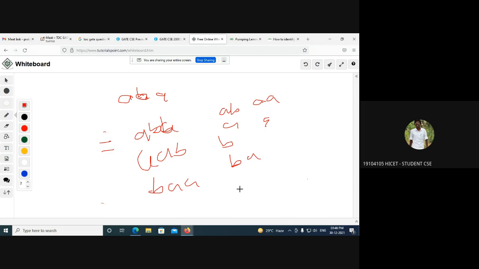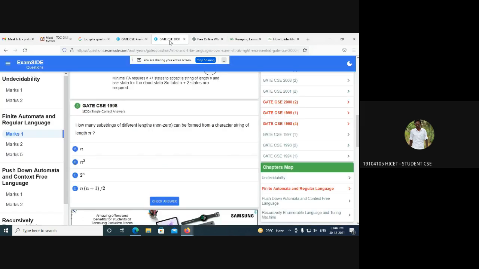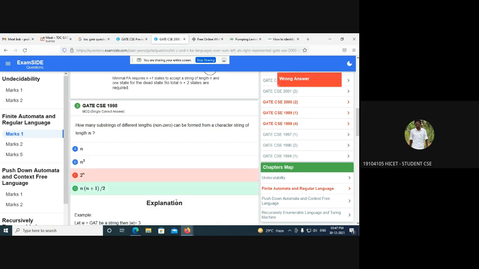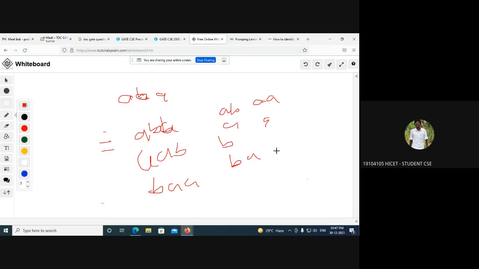A, B, A, B, B, A, B, A, B. What is the answer? n into n plus 1 by 2. Is it correct? 3 into 3 plus 1 by 2.